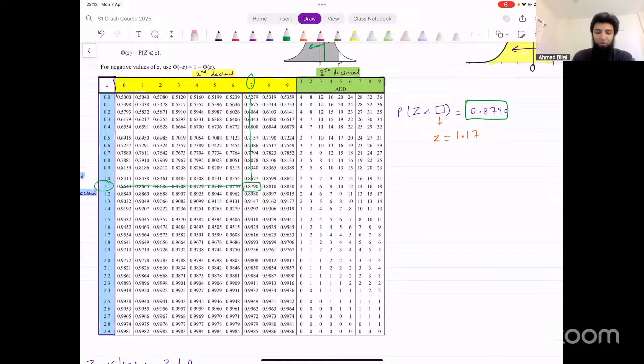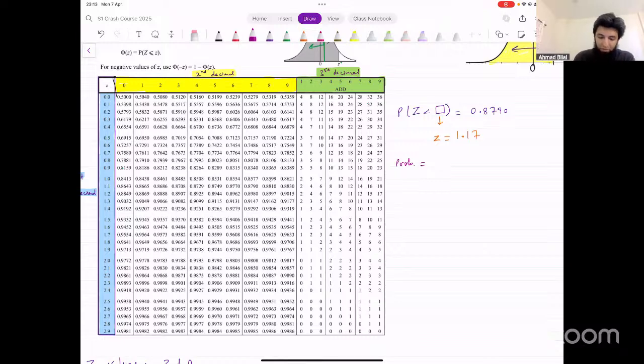Now, let's take a couple of more examples. Let's say we had some other probability now. So instead of 0.8790 for this probability, let's say it was 0.8599. What's the z value corresponding to this probability?